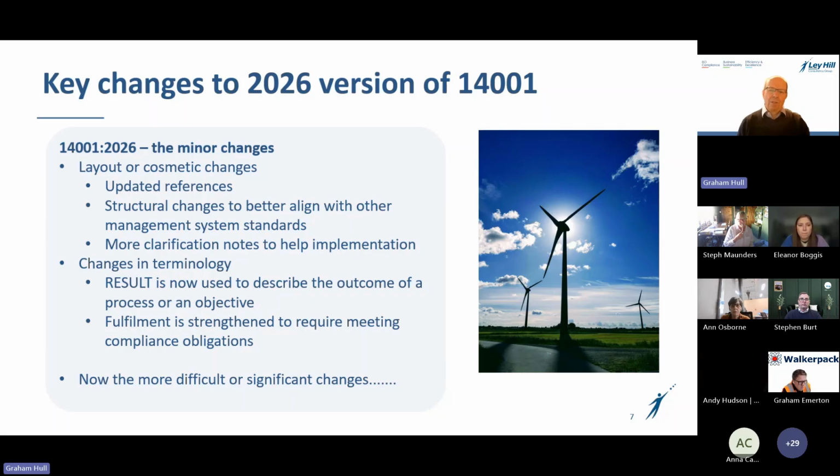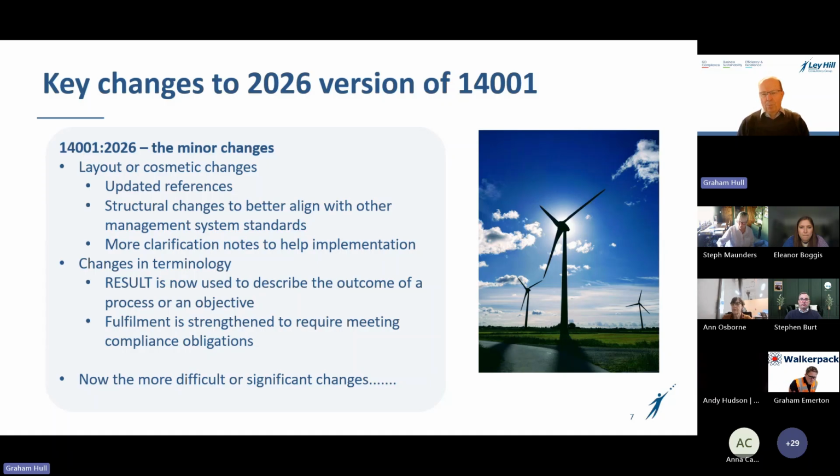I touched on that the management system standards, the ones ending in 01, tend to all be based around a high-level structure. Some of us have been doing this for years, called Annex SL, because that was how it was originally created. But sometimes the old 14001 didn't quite align as well with the other standards. So they've done some restructuring of it to make sure that it fits slightly better together.